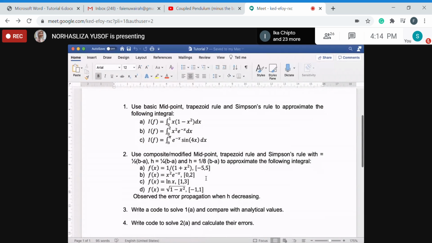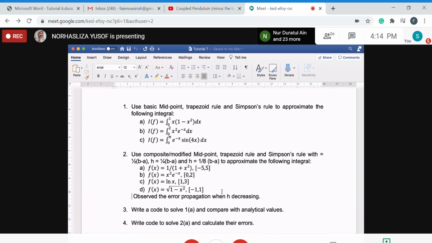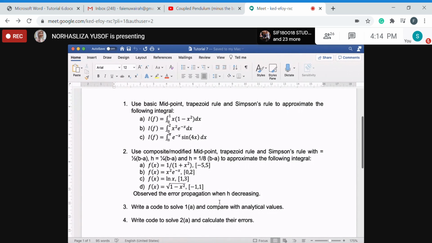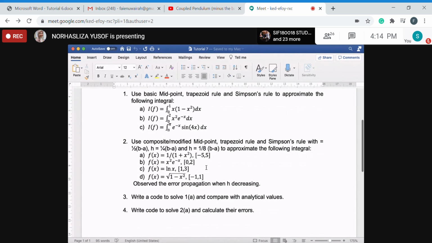And the second part is you are going to use a composite modified method where we deal with the step size. From there you are going to observe how the error propagates when you have different h. Propagates means how much the error increases or decreases when you have a different h value. And after that we're going to write code for all these 6 methods, and then we're going to solve it. So this one we shall discuss next Monday, half an hour.